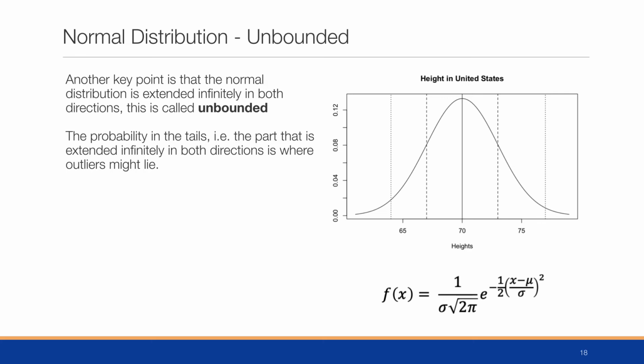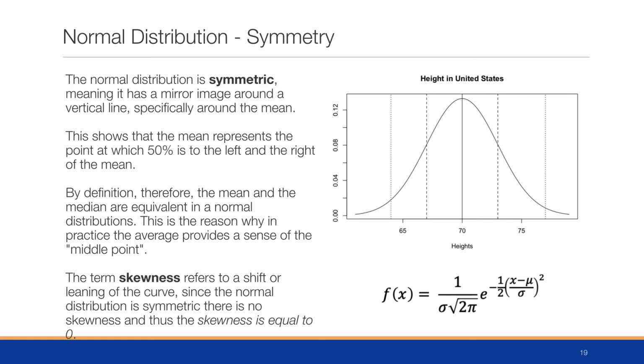And it's going to basically be 0 at that point. The probability in the tails, that is the part that is extended infinitely in both directions, is where outliers might lie. And so the tails become important for analysis later on to understand that this is the probability of these out-of-bounds numbers.